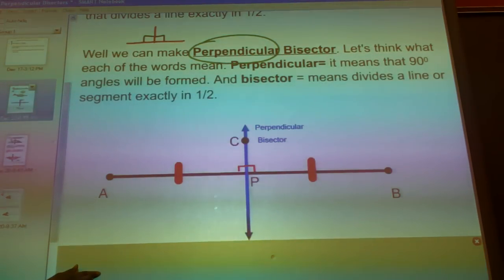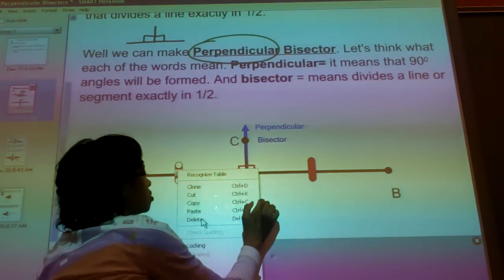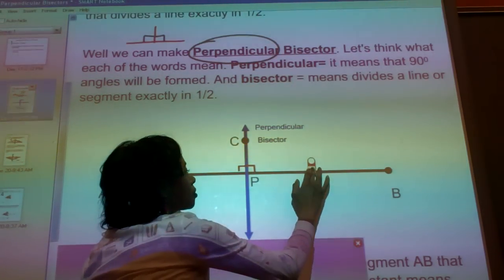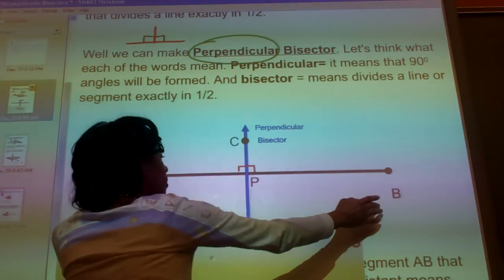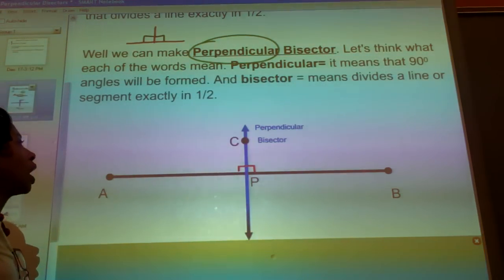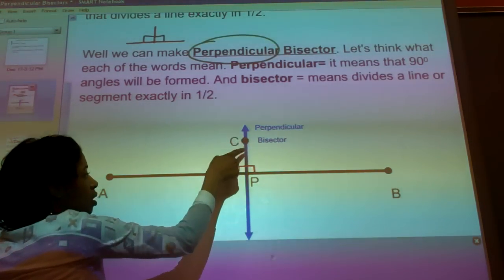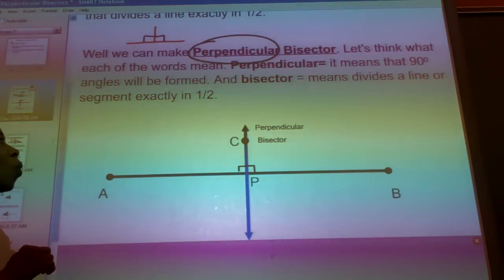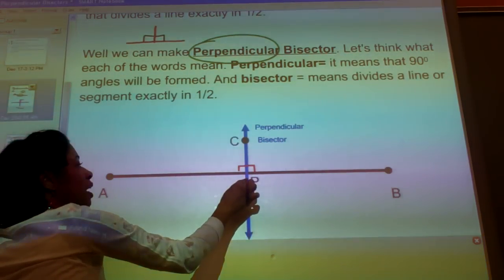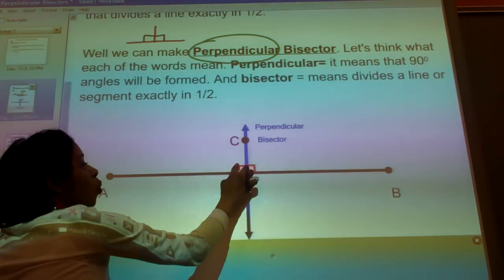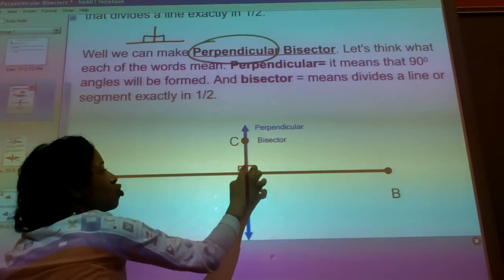If I have line segment AB here, and I say that I have a perpendicular bisector line CP, when I say perpendicular bisector, that means that the line CP bisects and will divide this line AB and form two right angles.